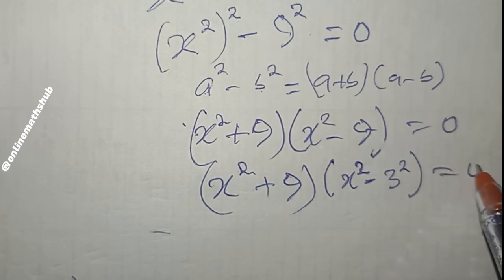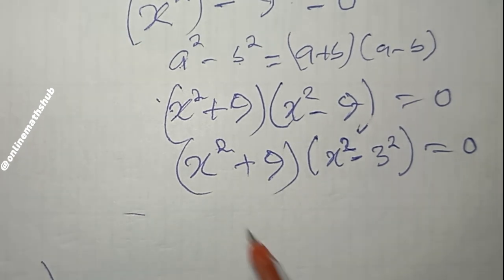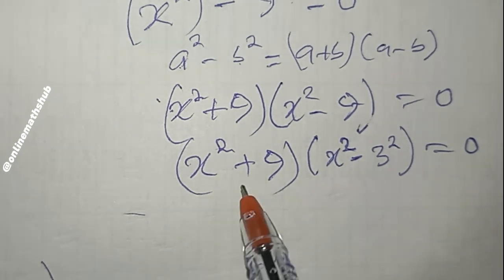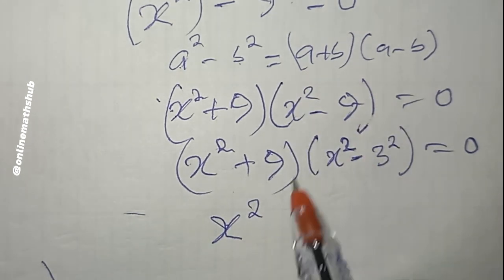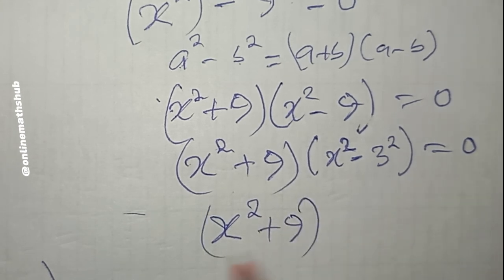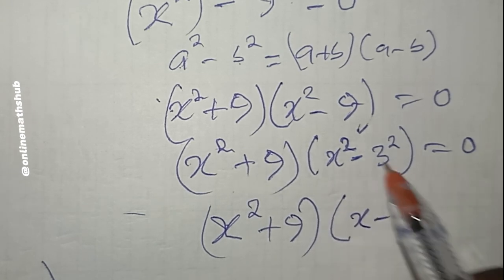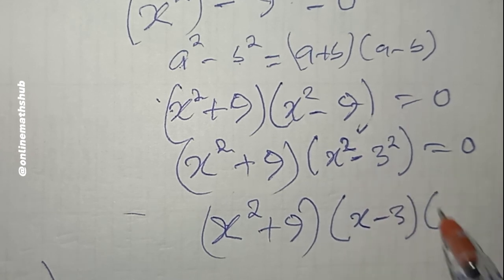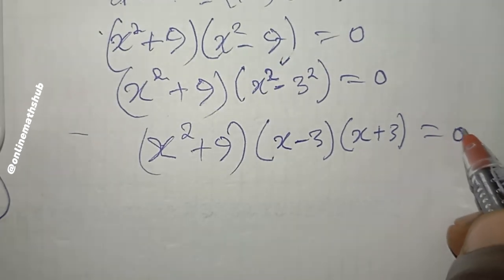So I've got another difference of two squares right here, which if I simplify, I am going to have x squared plus 9, into x minus 3, and then of course x plus 3, is equal to 0.